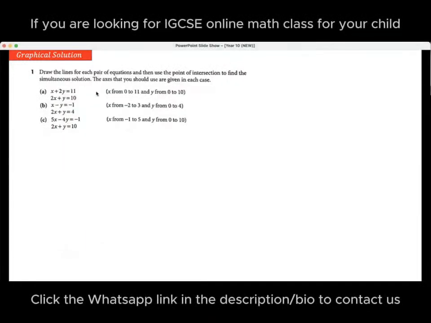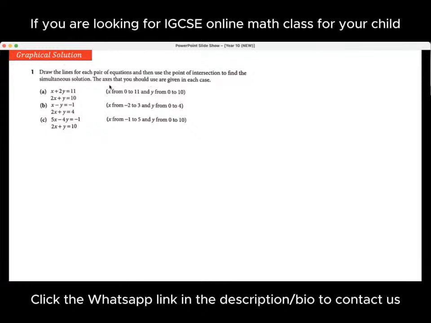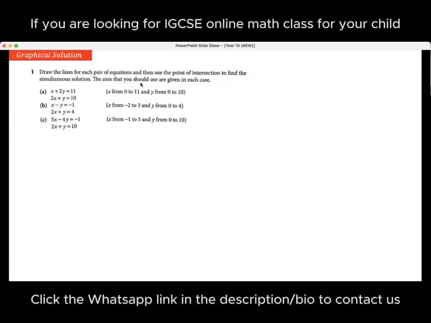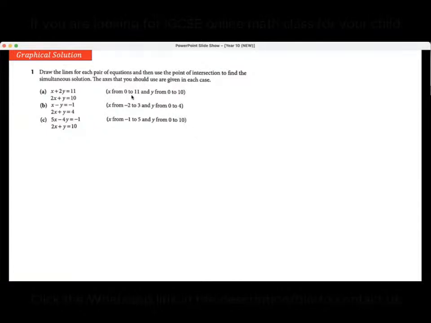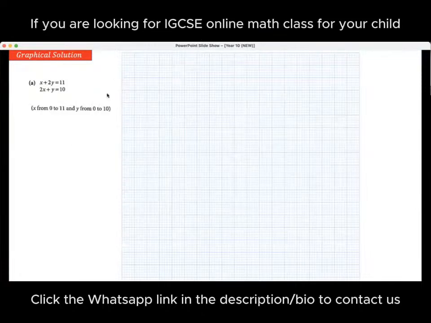Draw lines for each pair of equations and then use the points of intersection to find the simultaneous solutions. The axes that you should use are given in each case. From here, for questions A, B, C, you are given x from 0 to 11 and y from 0 to 10 for question A. For these questions, you need to use graph paper.